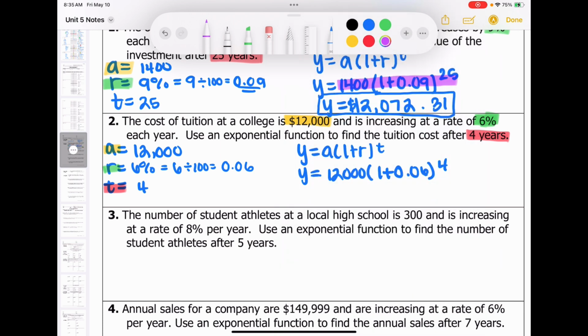So now you can plug all of this in. You can plug all this into your calculator just like you see it, and it's going to give you $15,149.72.